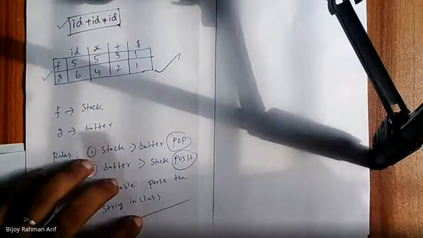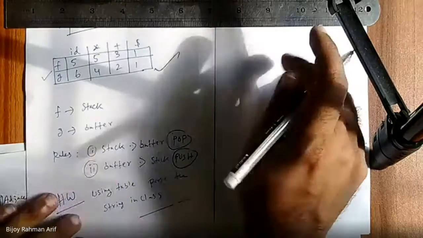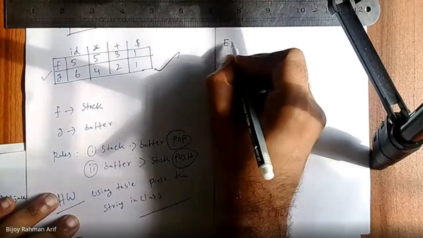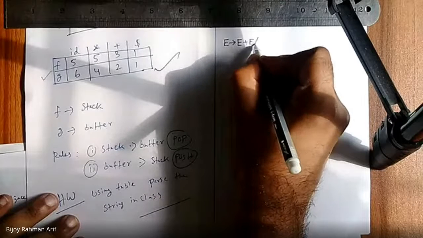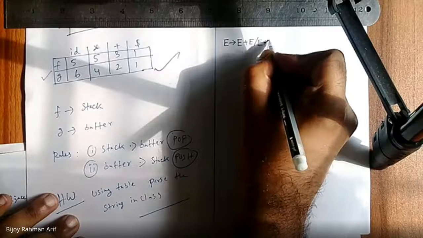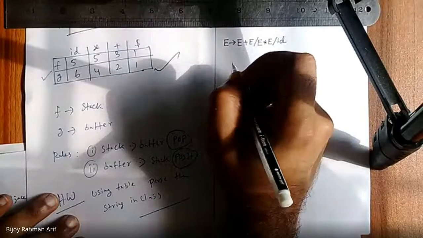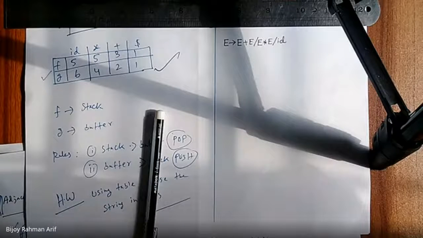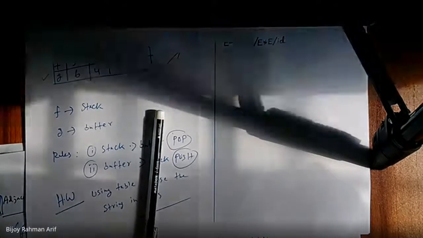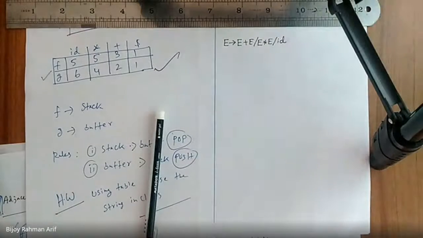The same procedure. So what is the grammar? Grammar is like this. E derives E plus E, or E star E, or ID. So what is the string we're trying?